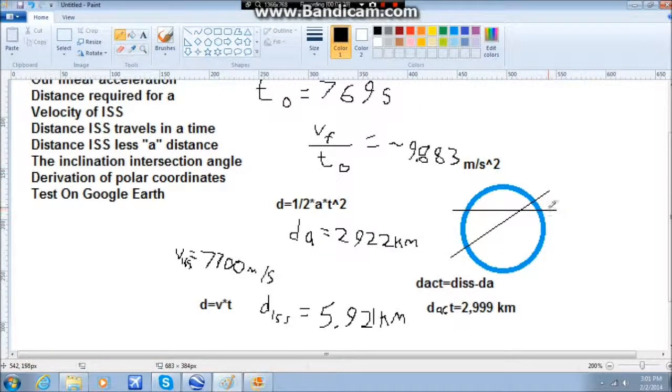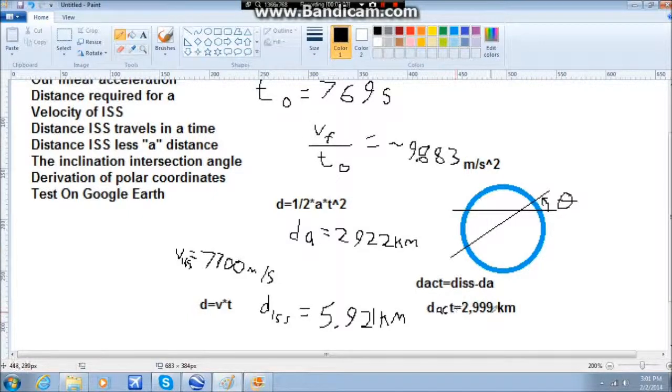So the angle between the latitude marker and the inclination angle is what I'm going to define now as theta. And theta is going to be used to determine the position, because you need a magnitude and a direction to define a vector. And that's what we're trying to do right now.